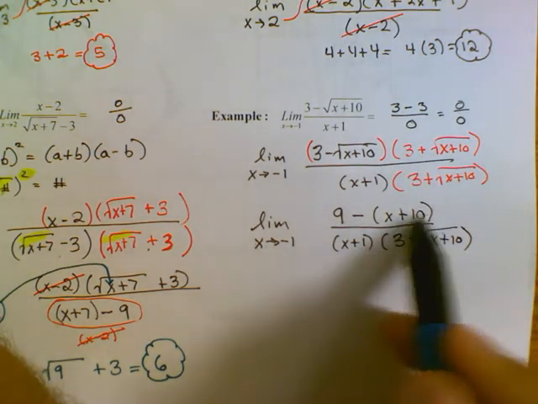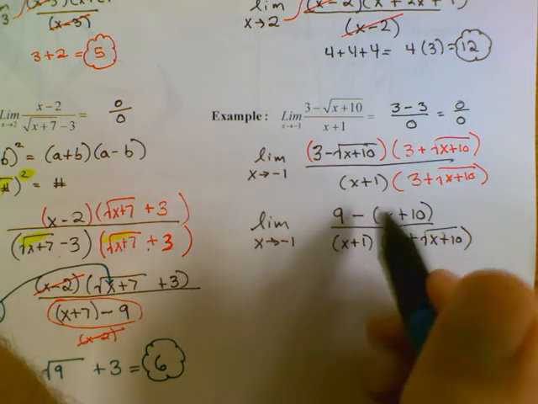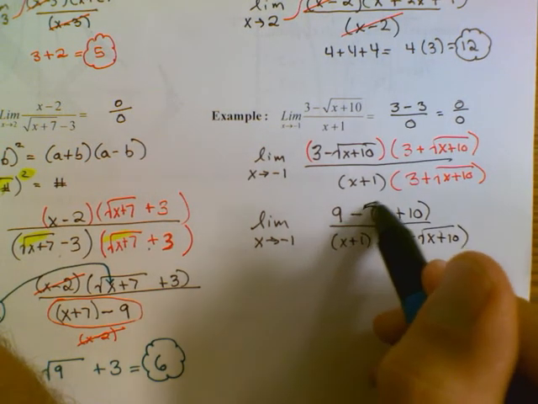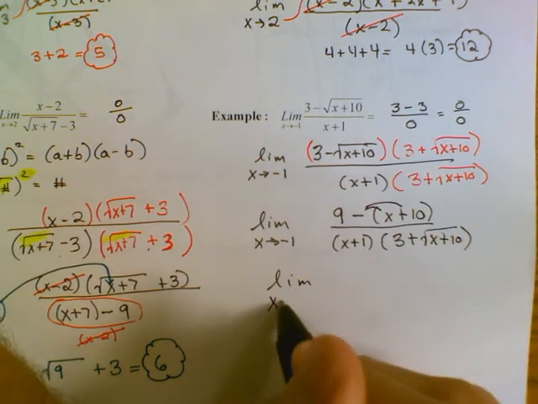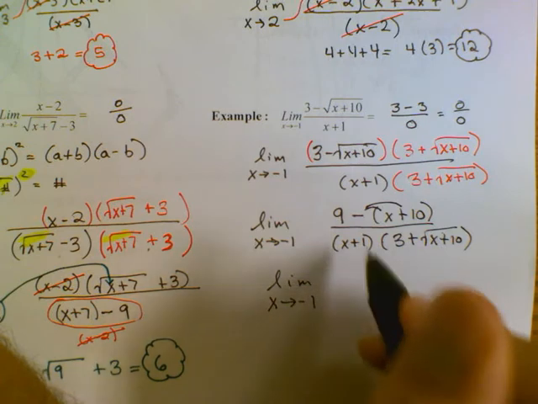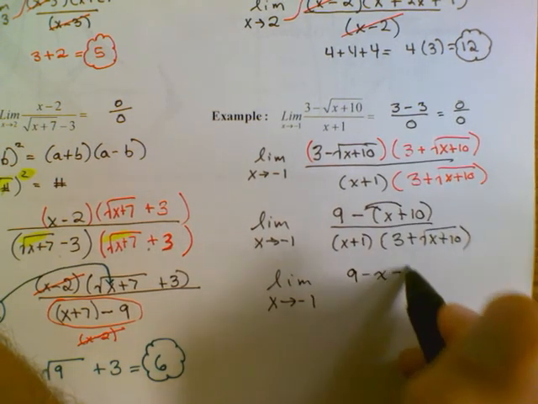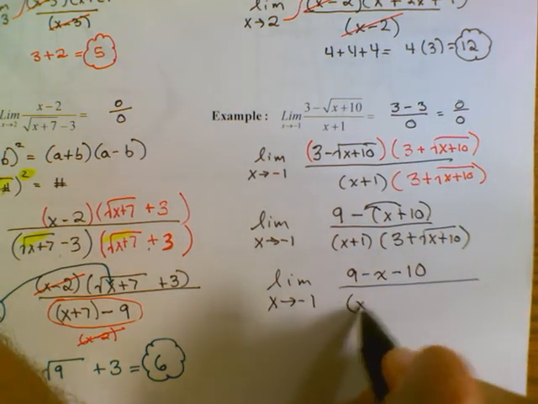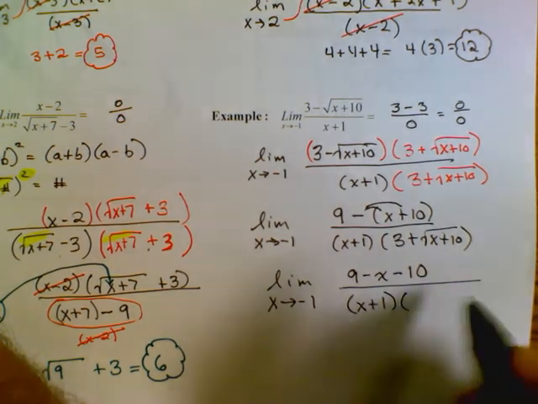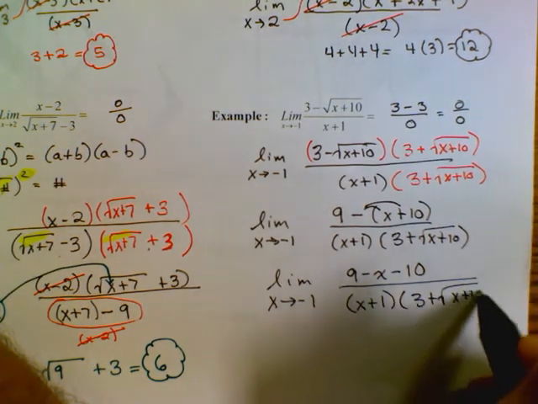Now when you look at that, it doesn't look a lot like x plus 1, so let's distribute the negative symbol and see what we get. The limit as x approaches negative 1 of 9 minus x minus 10 over x plus 1 times 3 plus the square root of x plus 10.